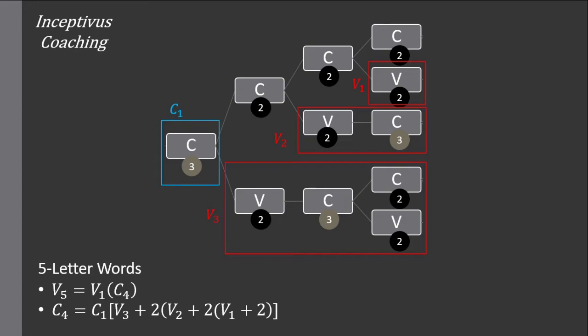C4 is essentially a one-letter consonant, C1, followed by a lower branch of a three-letter word that begins with a vowel, so V3 on the bottom branch. On the top branch, it starts to get a little bit more complicated. You have a V2 in the first branch, and you have a V1 in the final branch. So C4 is essentially equal to C1 times V3 plus 2 V2 plus 2 V1 plus 2.